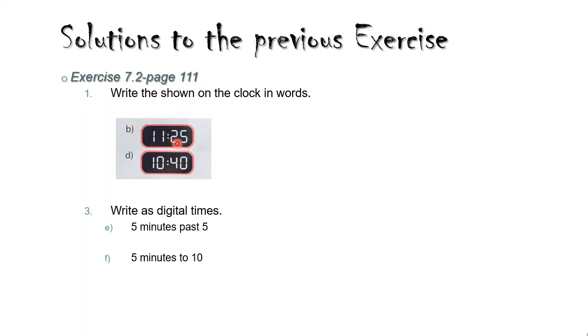You can see that when you are saying time in words, you have to start with the minutes. You have to say how many minutes past, or how many minutes are left to go to the next hour. You use the word past when your minutes are less than 30, and if they are more than 30, then you mention how many minutes are left to go to the next hour.